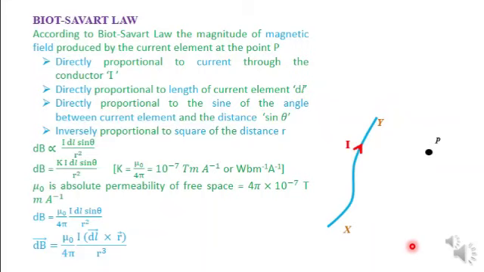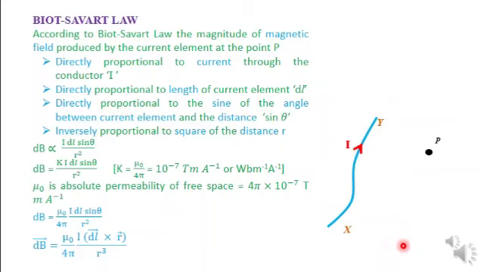To find the magnetic field at this point, due to the current carrying conductor, we can assume that the conductor is divided into a large number of very small elements, each of length dl.